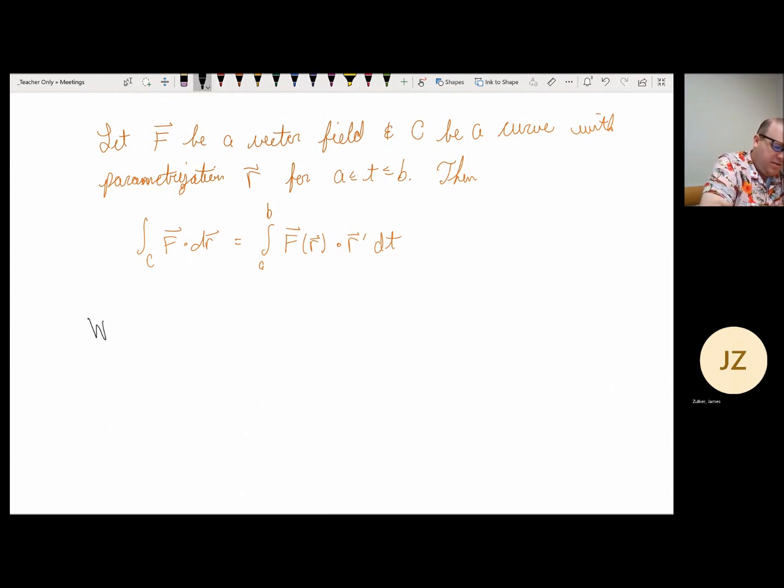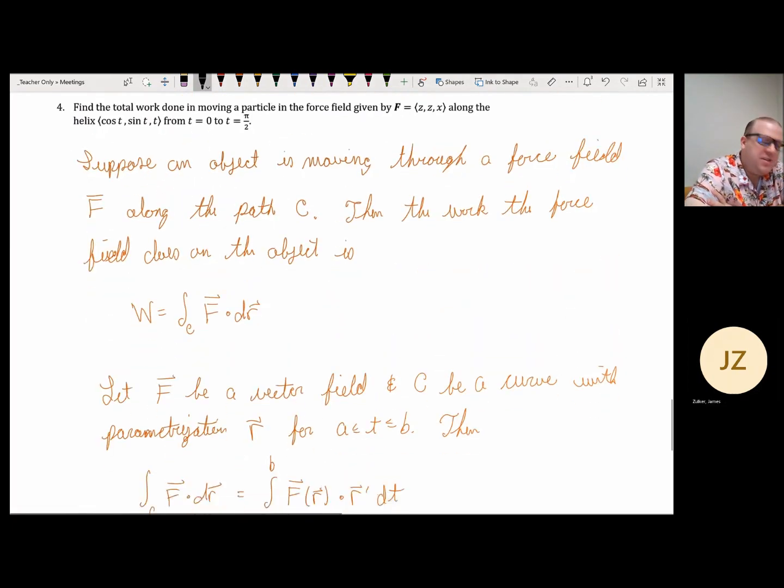So our work, the path integral of our vector field, zzx dot dr, which will be the integral from 0 to pi over 2, evaluate f over the parameterization. So x is replaced with cosine of t, y is replaced with sine of t, z is replaced with t, right?